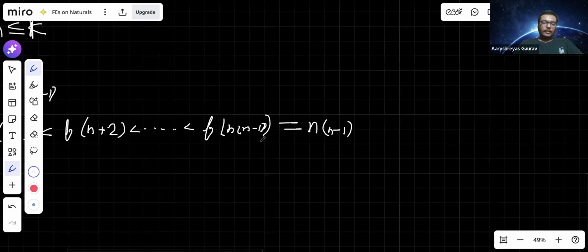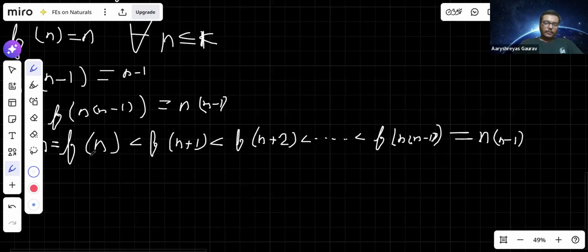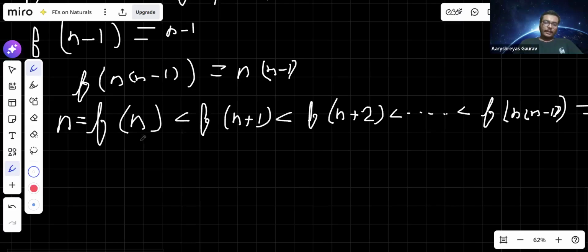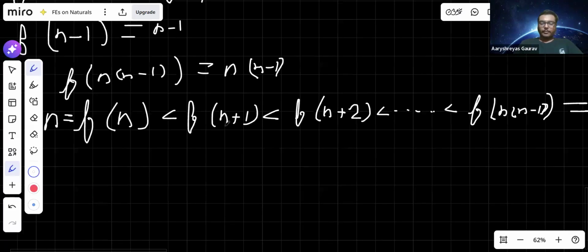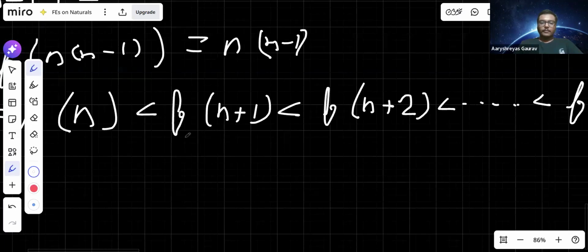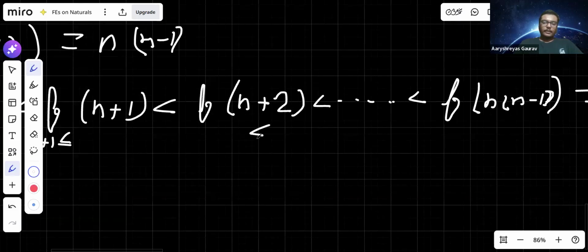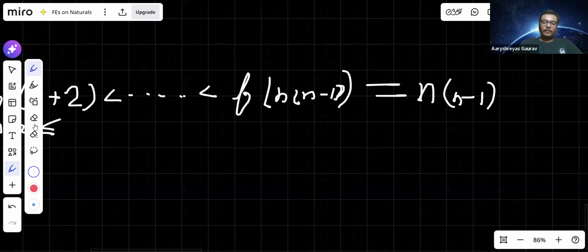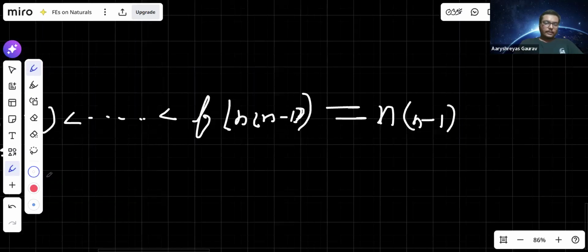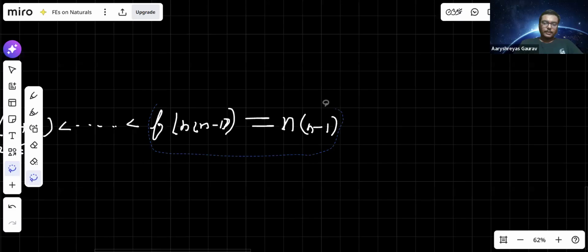The interesting thing that we can see is that since f of n is n, then f of n plus 1 is always something greater than or equal to n plus 1. f of n plus 2 is something greater than or equal to n plus 2, and so on.